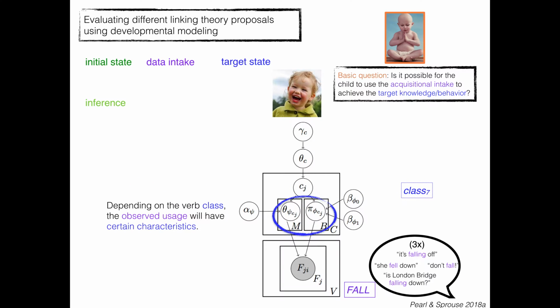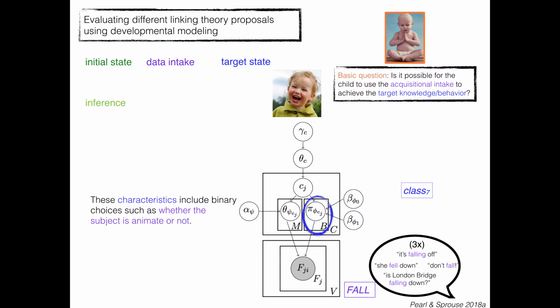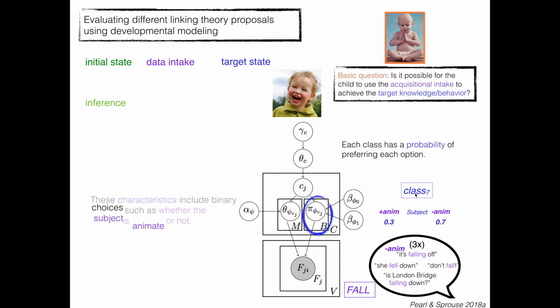And then depending on the verb class, right, the observed usage that we see down here will have certain characteristics which are encoded here. So these may be binary characteristics, such as whether the subject is animate or not. Maybe in the case of it's falling off, it's inanimate, and each class has a probability for preferring each option. Maybe this class tends to prefer inanimate subjects, right? So this is the kind of thing you're tracking.